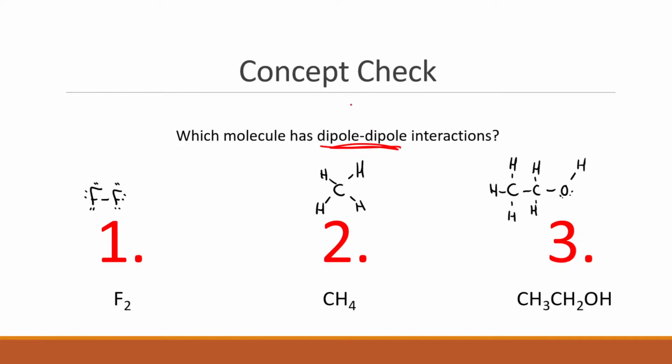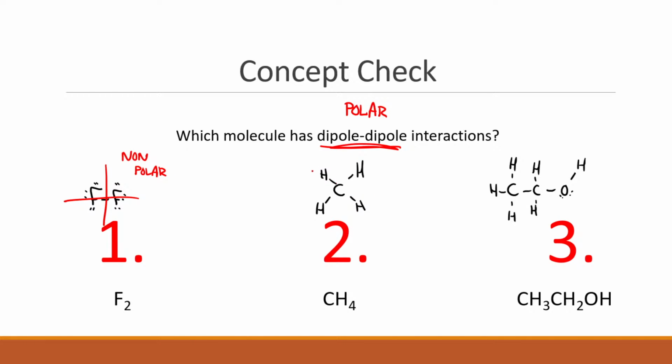Dipole-dipole interactions tells us it must be a polar molecule, because there needs to be an uneven distribution of charge. F2 has two lines of symmetry, which makes it non-polar.